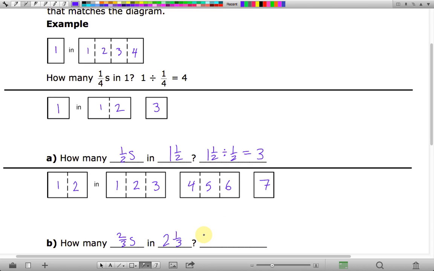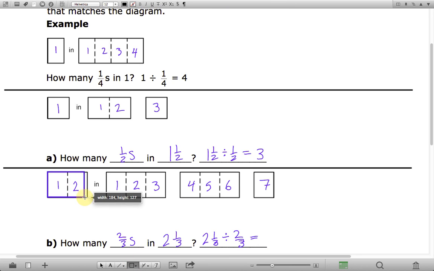And so the division statement here is 2 and 1/3 divided by 2/3. And to figure out that answer, I'm going to draw a box of size 2/3 and see how many times I can fit that into this. So I'm going to move this over and I can see it fits in once here, and halfway here.